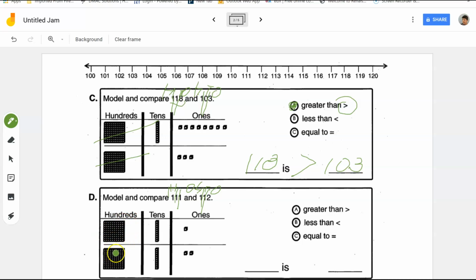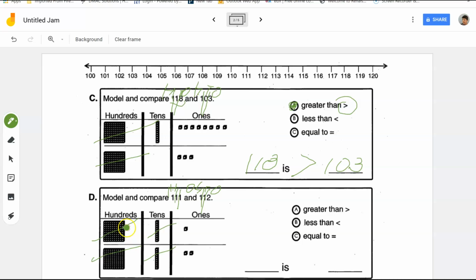We have 1 and 1. Which one is greater or less? They have the same, right? So this doesn't help me. I go to the next place value. I have 110 and 110. Which one is greater? None of them, right? They have the same amount. So then I go to the ones. I have 1 and I have 2.